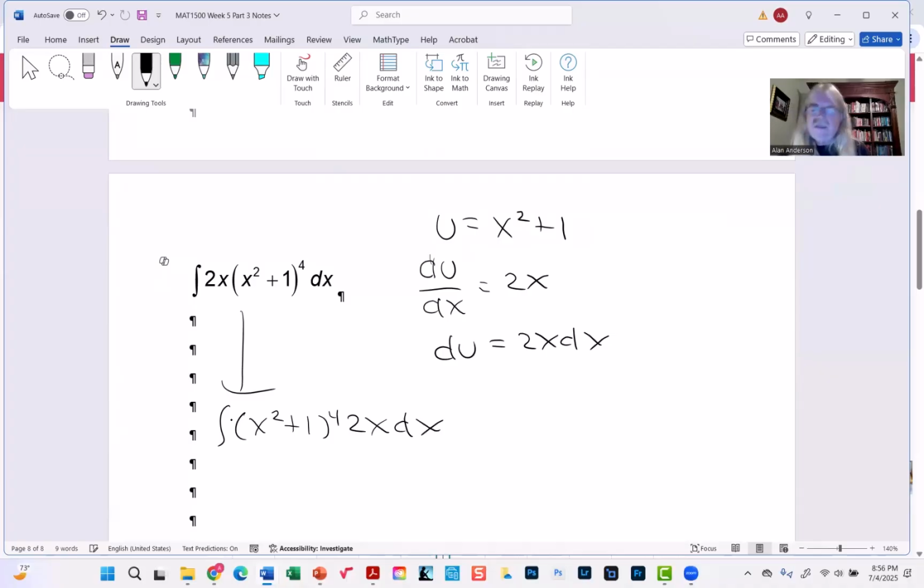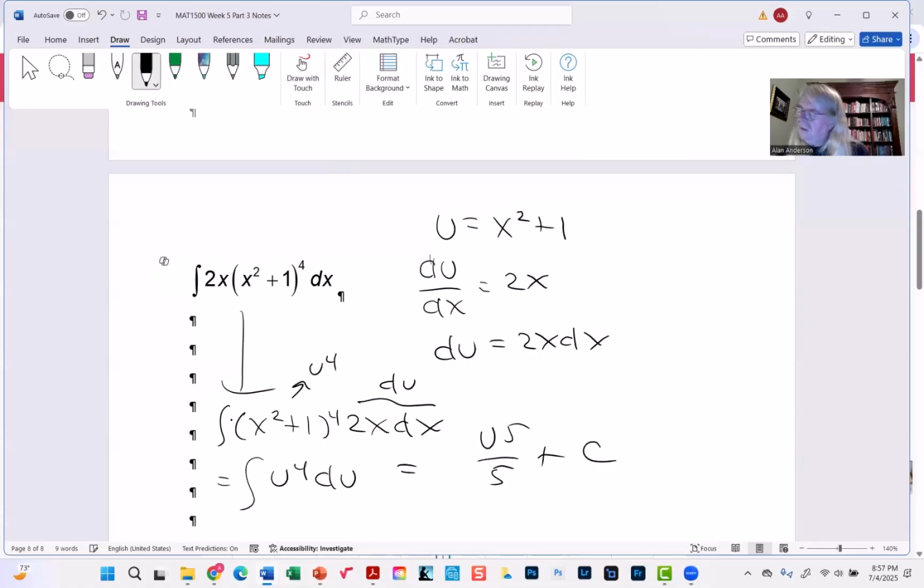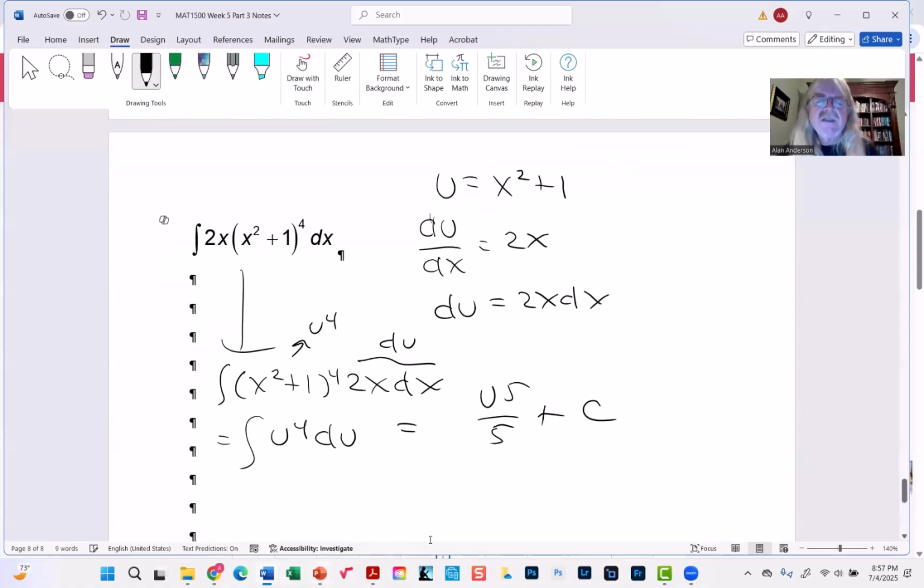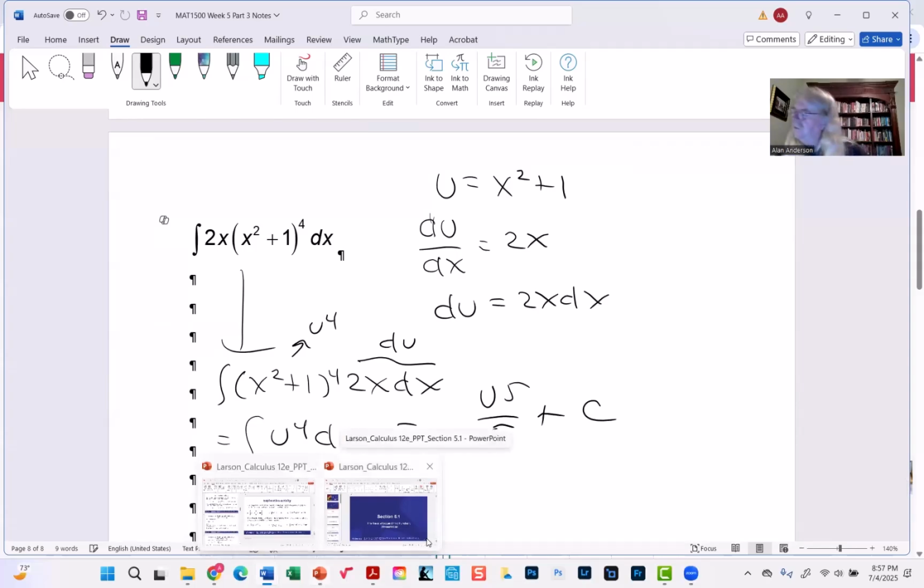So you can see what we've got here is u to the fourth du. And now we can apply the power rule. And then substitute back the x squared plus 1 for u. And you're all set.